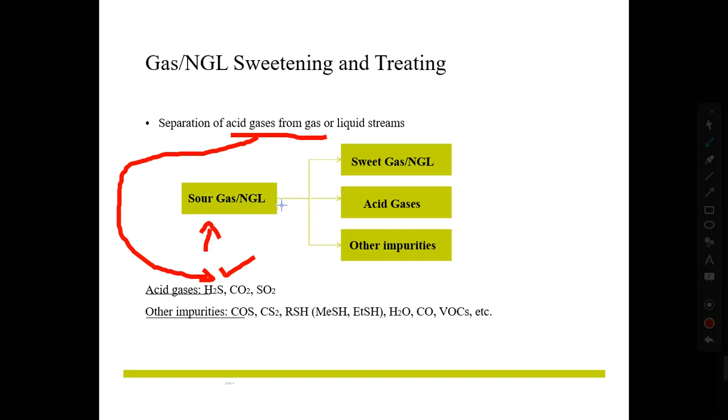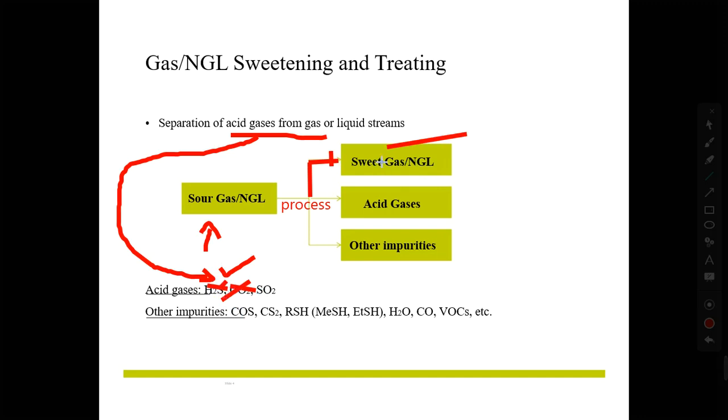Okay. Once we have this sour gas, we do the process of sweetening. Then we have three main things happening here. One thing is that we get a sweet gas. Sweet gas is the one which has no H2S and CO2.